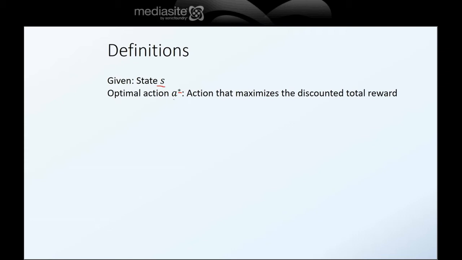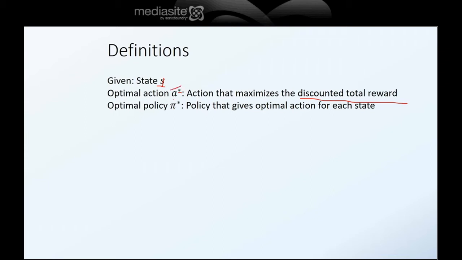So the optimal action is the action that maximizes the discounted total reward from that state S. And the optimal policy is the policy that gives the optimal action for each state S. So in other words, pi star is the optimal policy. It's a mapping from each state S to optimal action A star from that state.